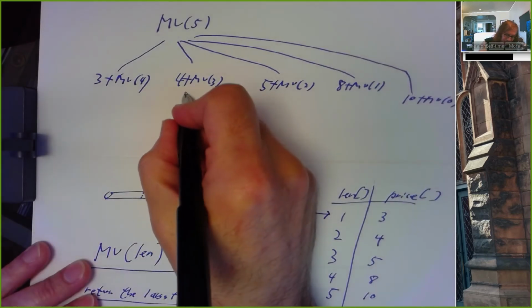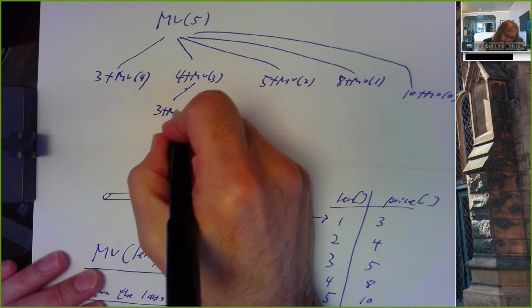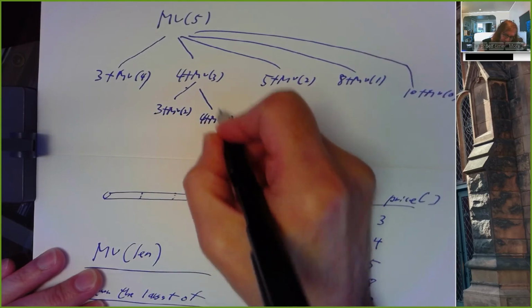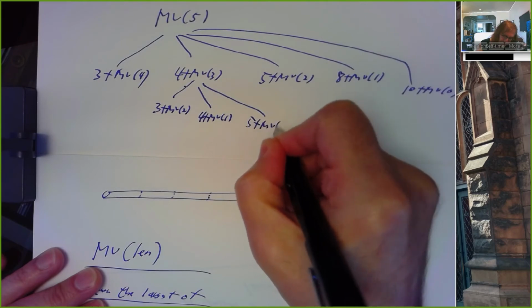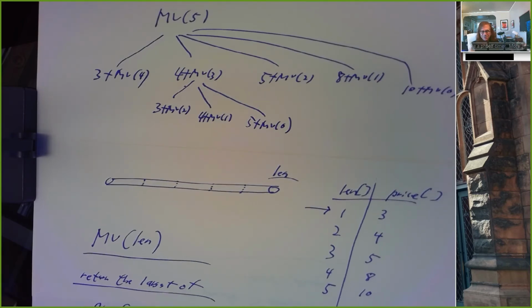So max val 3, for example, would be either 3 plus max val 2, or 4 plus max val 1, or 5 plus max val 0. Five of length 1 for 15 is probably going to be our best bet.